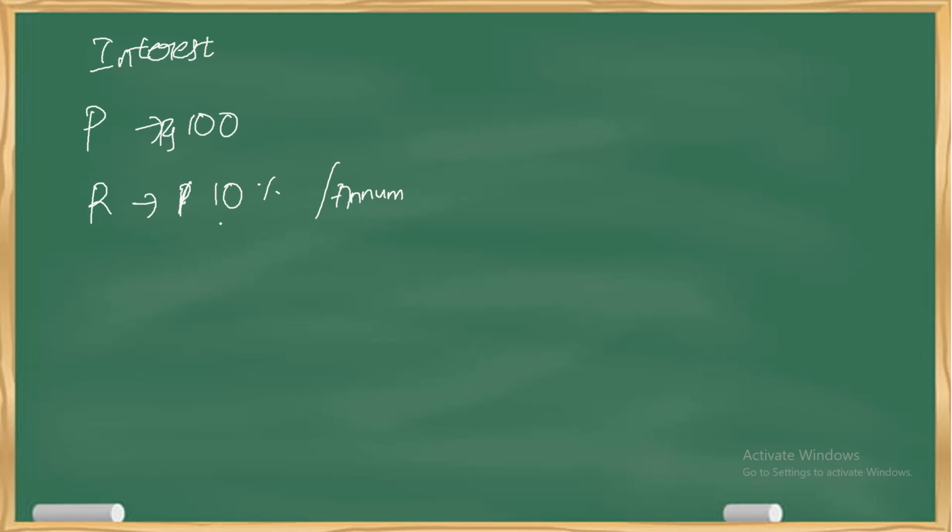The meaning of 10% is that for every 100 rupees, you have to pay 10 rupees as interest per year. If I take 200 rupees, you need to pay 20 rupees. That is the meaning of 10% per annum.